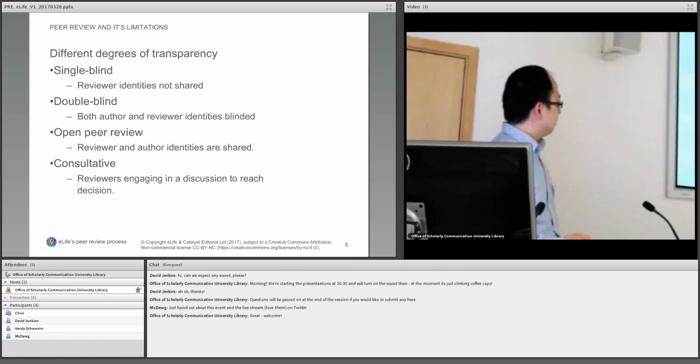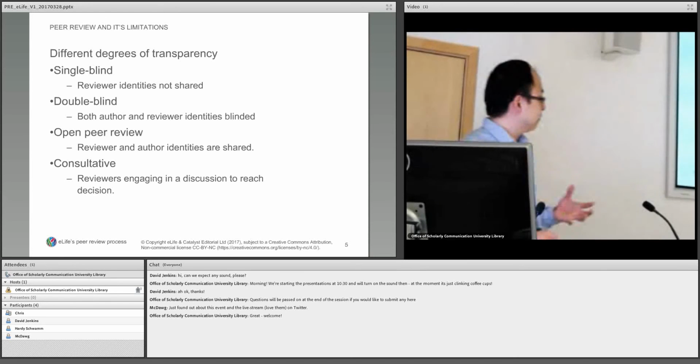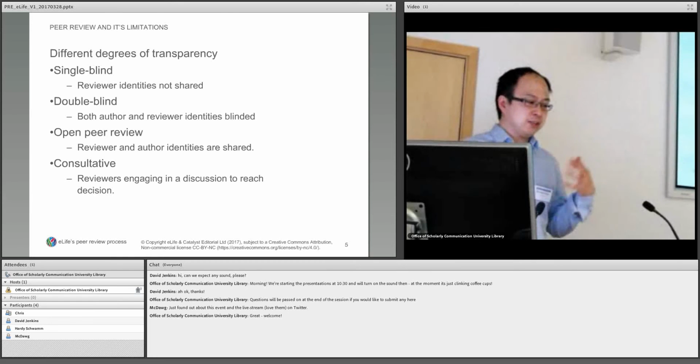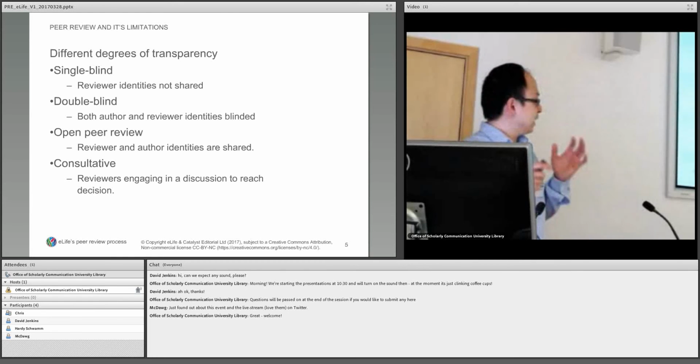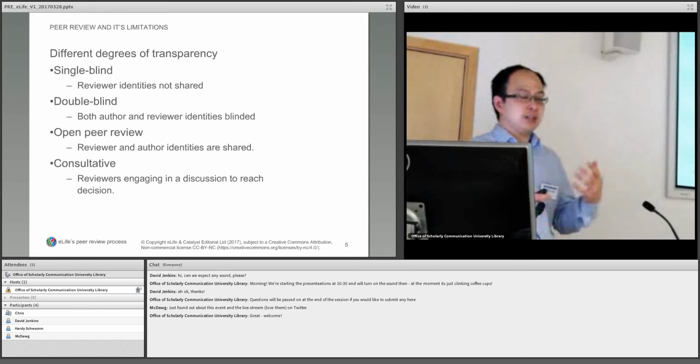For eLife, we have a consultative peer review process. This process is slightly different and involves the editors and the reviewers coming together and engaging in discussion before they reach a decision.